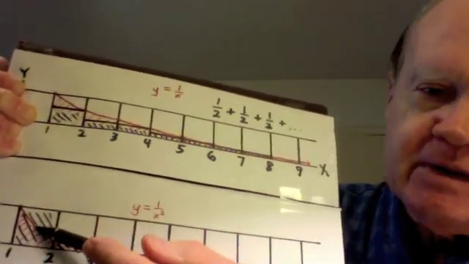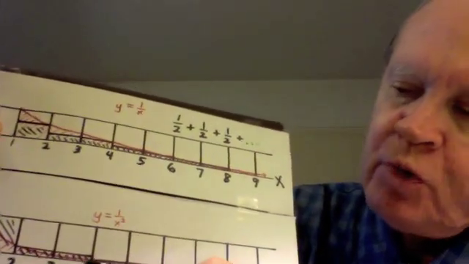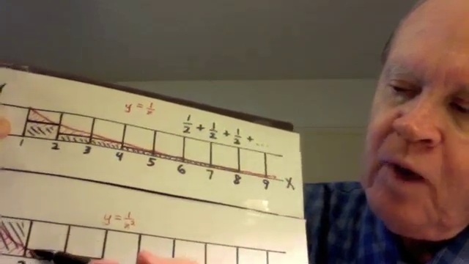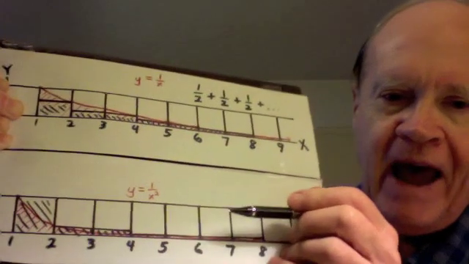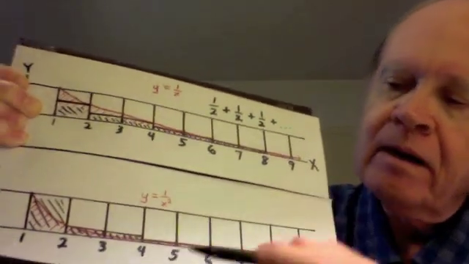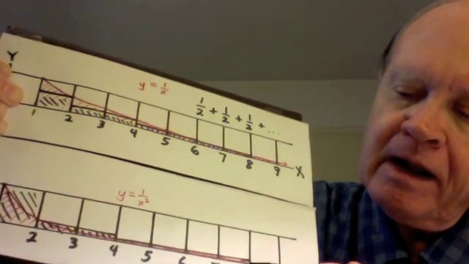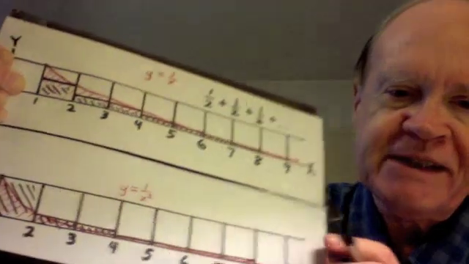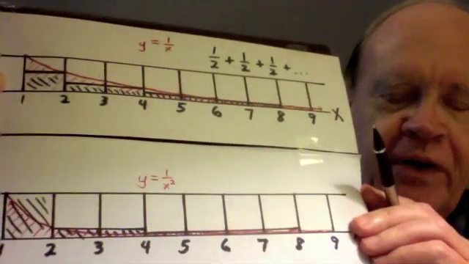That's this rectangle. The next rectangle has a length of 2, but a height of only 1/4. And that is an area of 1/2.